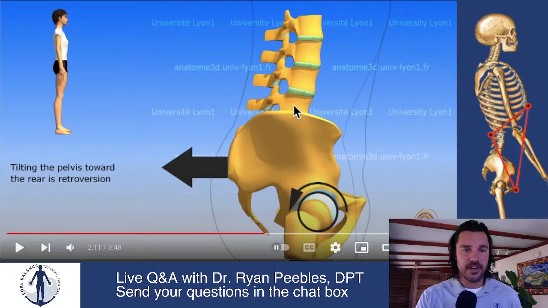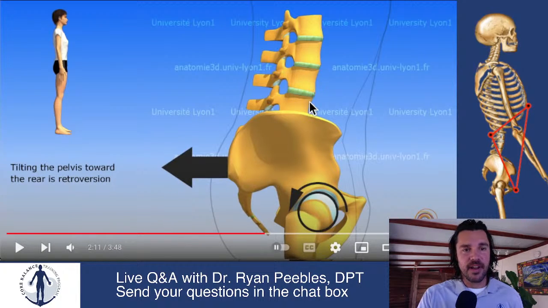Now, this could be a useful strategy for someone that has stenosis. Someone that lives in stenosis naturally may want to bias themselves towards a posterior tilt if they need to create more space there for their nerves and blood vessels.